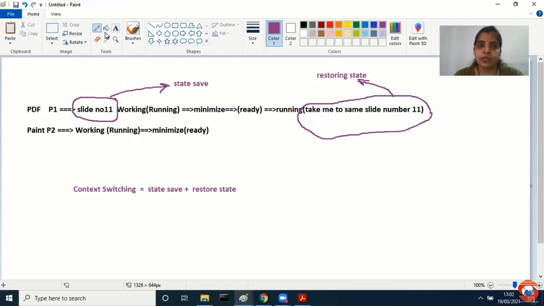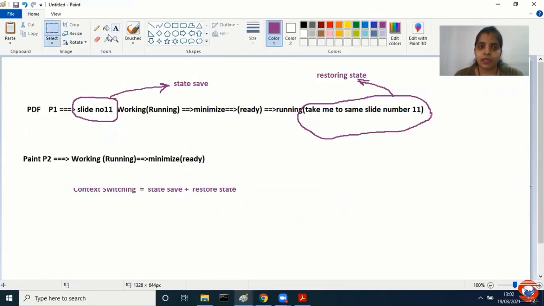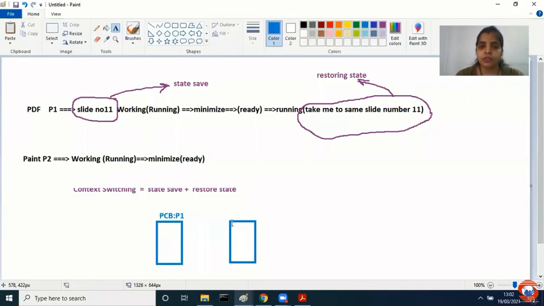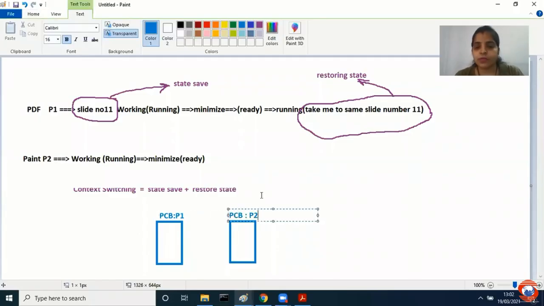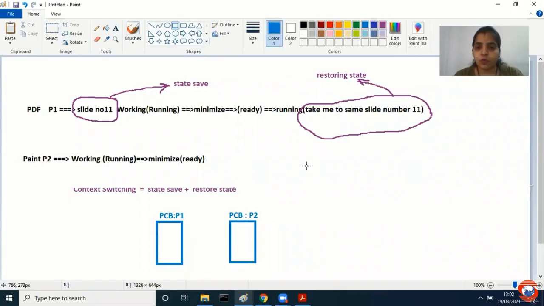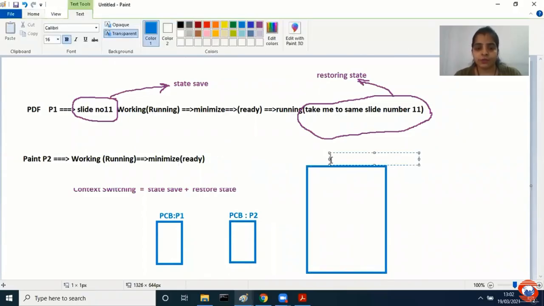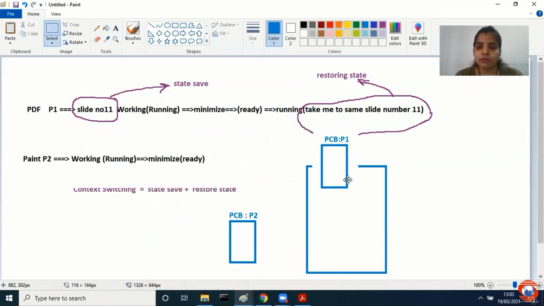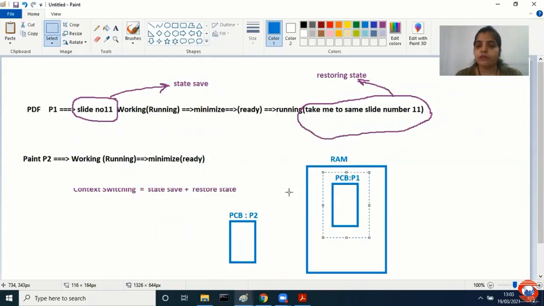So obviously, when I am working on two different processes, there will definitely be two process control blocks: the PCB of process P1 and the PCB of process P2. Here I have a RAM memory allocation, the main memory. When I say I am working on process P1, the PCB of process P1 is brought into main memory for execution.